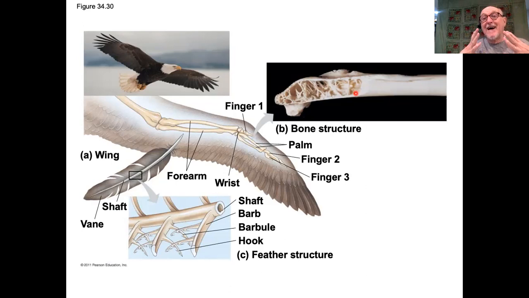It's not a terribly efficient system. It's fine for our kind of locomotion and everything. Even when we run, we can run a certain distance. Okay, we can't run an enormous distance very fast. But for all our purposes, our respiratory system functions pretty well. But for birds, it does not.